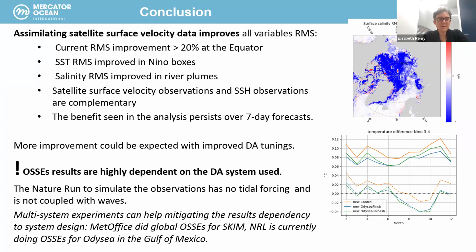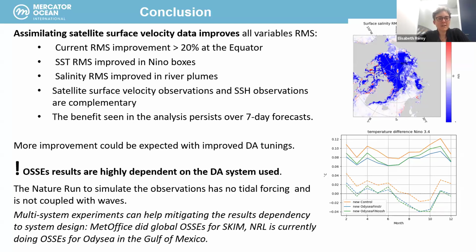So as a conclusion, assimilating the satellite surface velocity data improves all variables, the root mean square error. So the currents are improved the most at the equator, with more than 20% of improvements. The SST RMS is improved, especially in the Equatorial Pacific, in the Niño boxes that could have an interest for ENSO prediction.